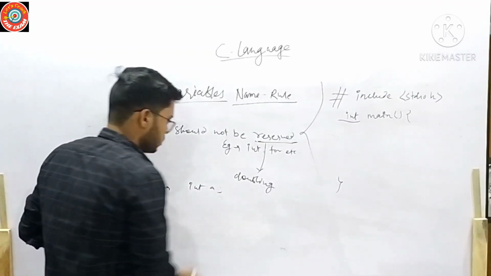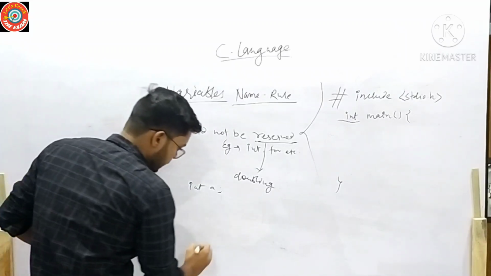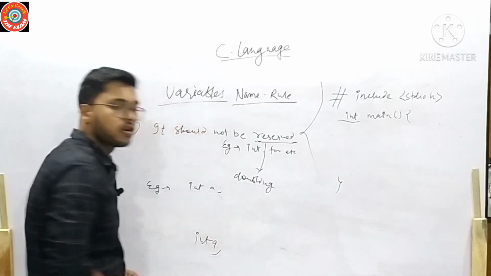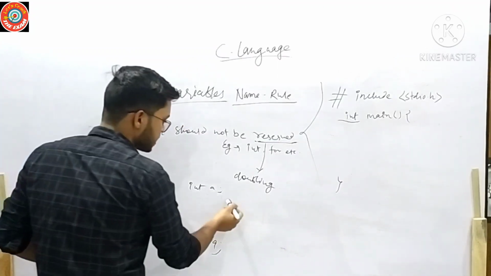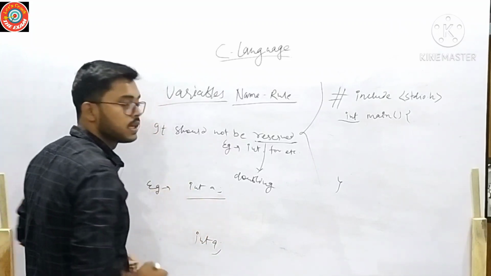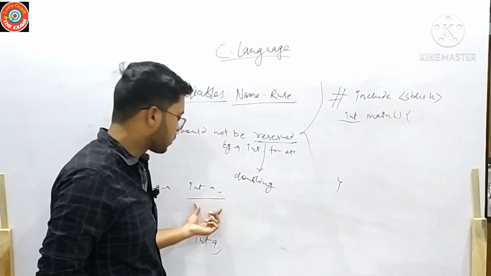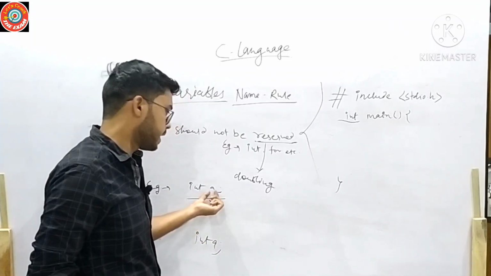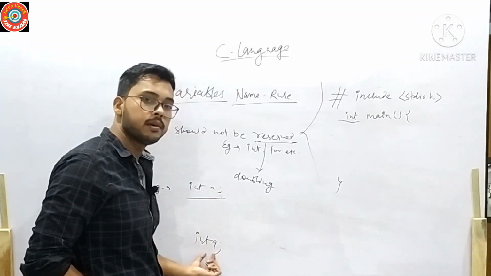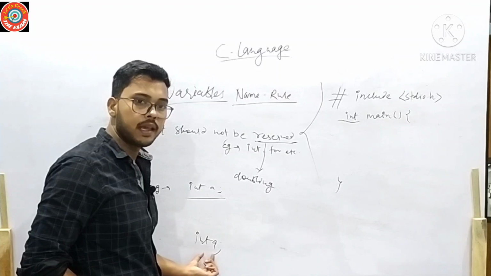Now you are going to use int a again. So it is not possible, because it is reserved now. You have used a in the same program, so you cannot name another variable a again.